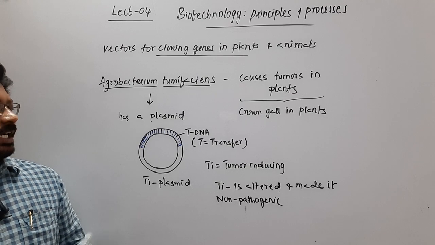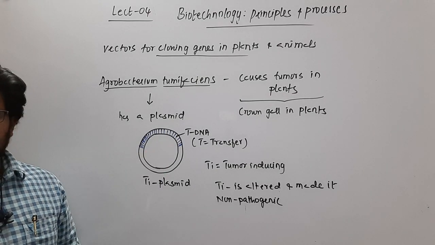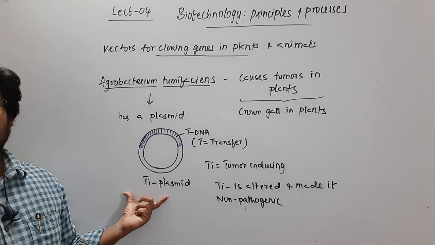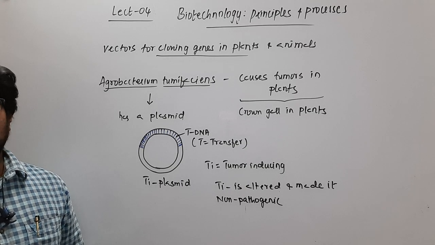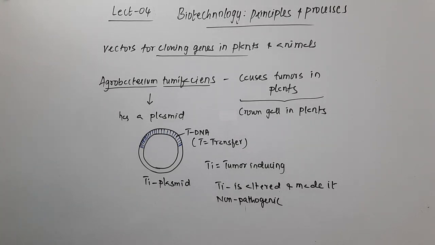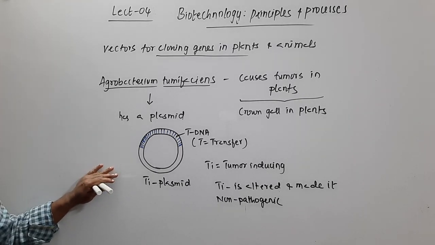Instead, I'm going to link the genes of my own interest and make this Ti plasmid deliver those genes into the host genome. Okay, so that's how I'm trying to transform the plant cells.